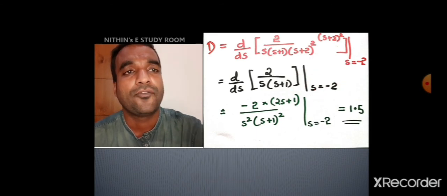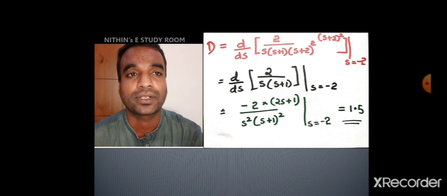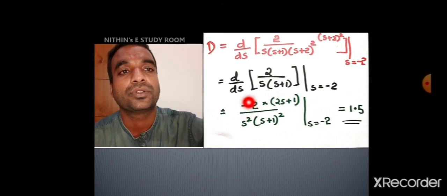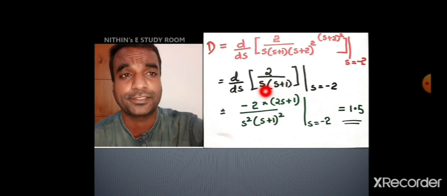The differential of 1 by x with respect to x is minus 1 by x square. Like that, the differential of the whole term, 2 is constant here, is minus 1 by s square into s plus 1 square. And in the denominator, we have to differentiate it. The denominator is s into s plus 1, that is nothing but s square plus s.